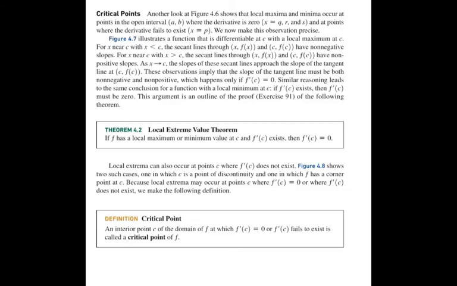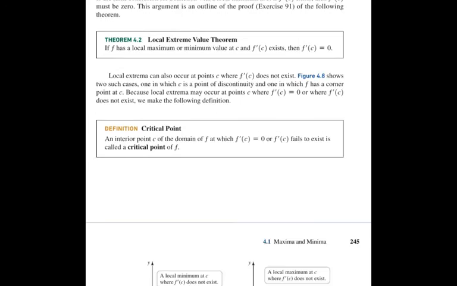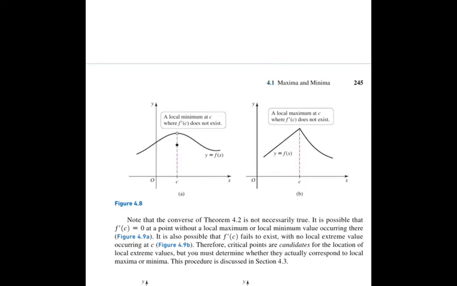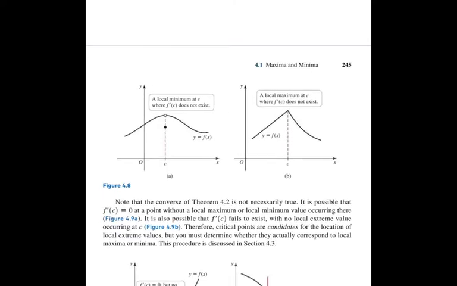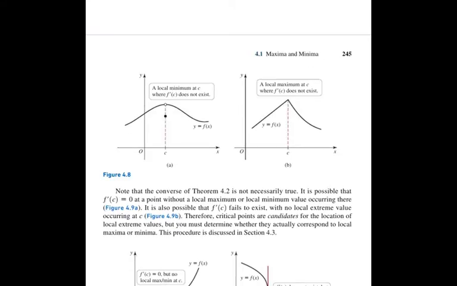So a critical point: an interior point c of the domain of f at which the derivative is 0 or the derivative fails to exist is called a critical point of f. Right? So we have a function. Note that the converse of the theorem is not necessarily true. We have a local minimum at c where f prime of c does not exist, and a local maximum at c where f prime of c does not exist.